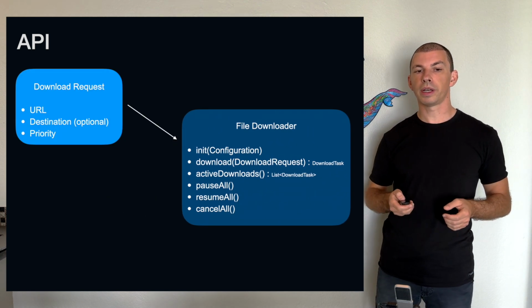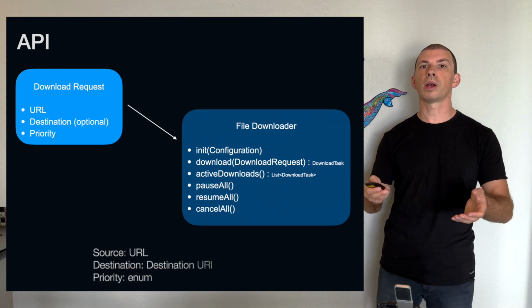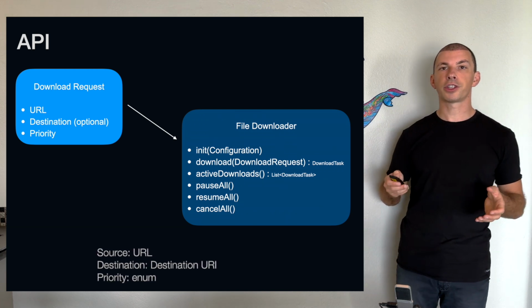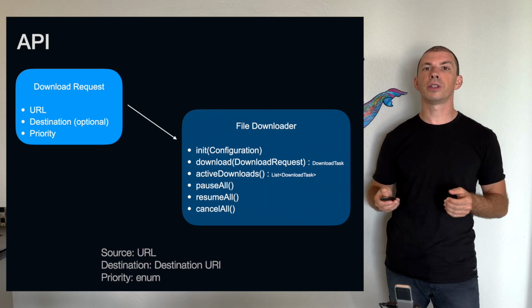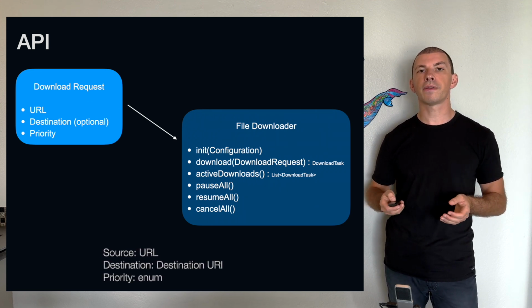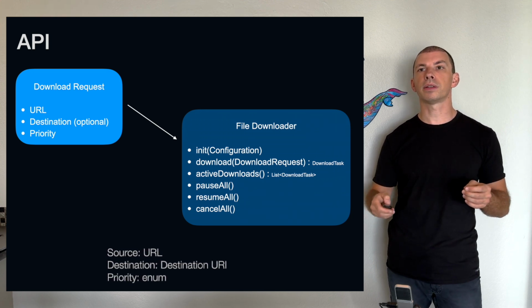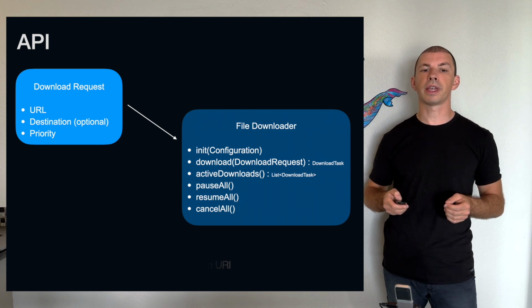Download request will contain a couple of things. It's the URL from which we need to download those files. Destination, it's where in the persistent storage we need to store it. It can be optional, so we can create the name of these files automatically for different reasons, for different scenarios.